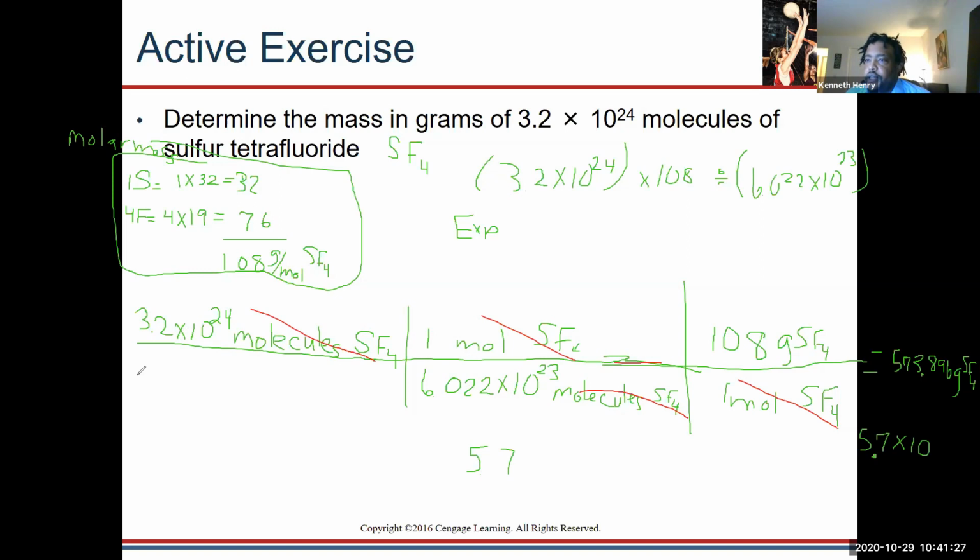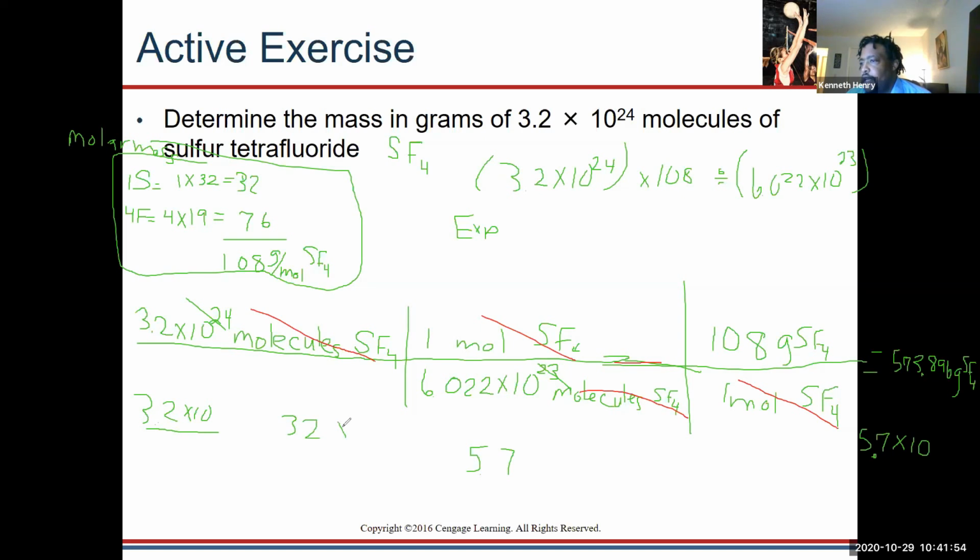Yeah, because mathematically, this is 3.2 times 10 to the 24, and this is 10 to the 23rd. These are going to cancel each other out, leaving only 10 left over. So you have 3.2 times 10, which will be 32.